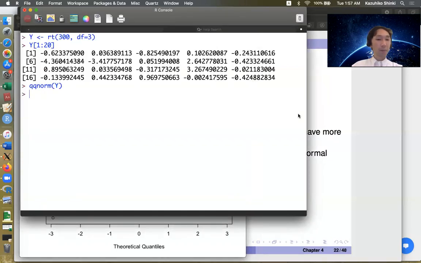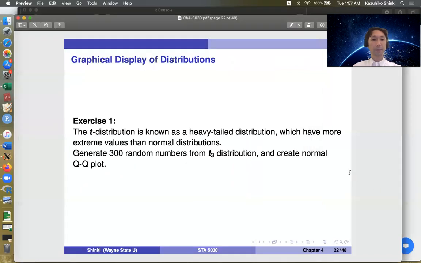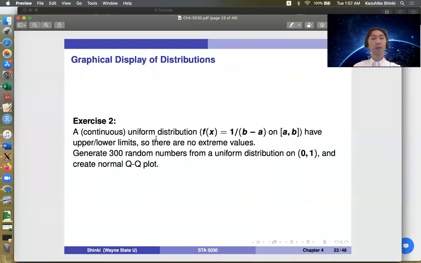Okay, so next example, we think about the uniform distribution. A uniform distribution gives random observations between an interval A and B, which are given numbers. Suppose A is 0 and B is 1. So just random numbers between 0 and 1, uniformly distributed.